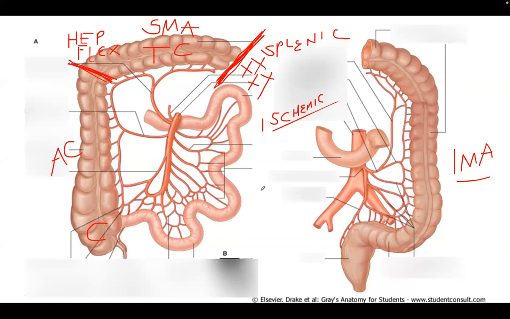It's named after a person. This is known as Griffith's point. Griffith's point is the point most vulnerable to ischemia. So please take note of this.